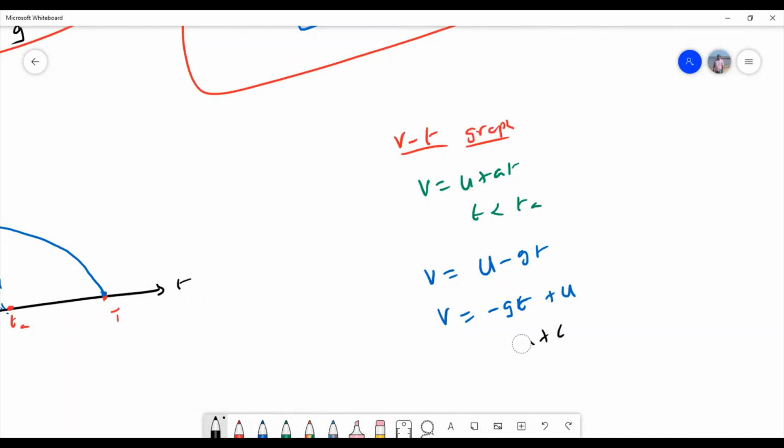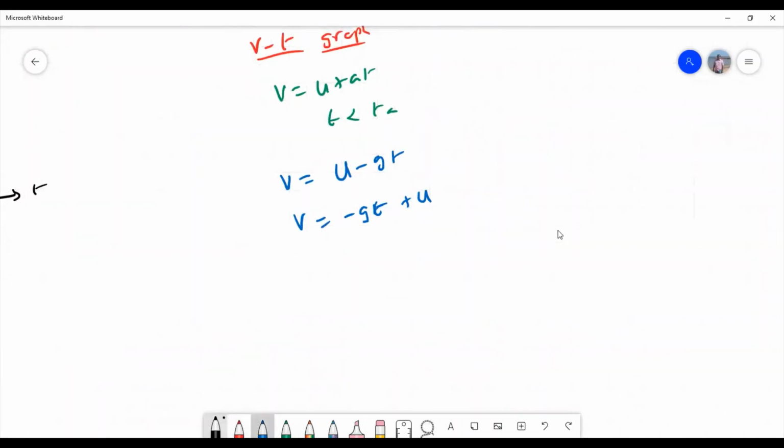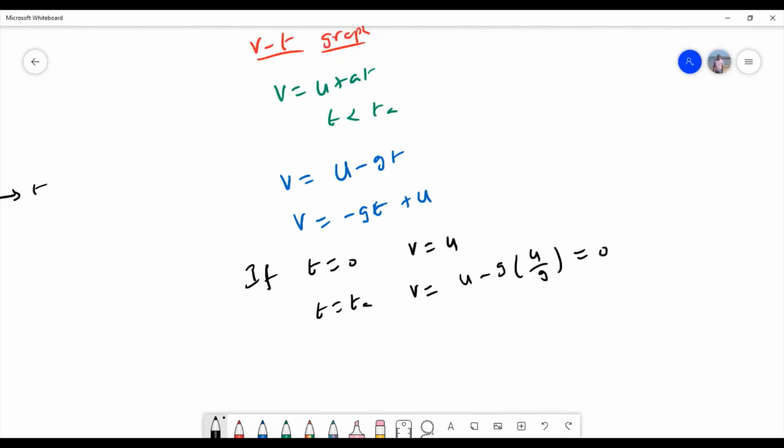Here also we can calculate the velocity of the body at different points. If t is equal to 0, very important, v is equal to u, and when t is equal to time of ascent, v is equal to u minus g into u by g, again 0. When t is equal to time of flight, v is equal to u minus g into 2u by g. This is minus u.